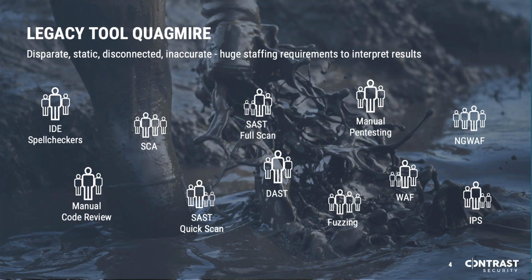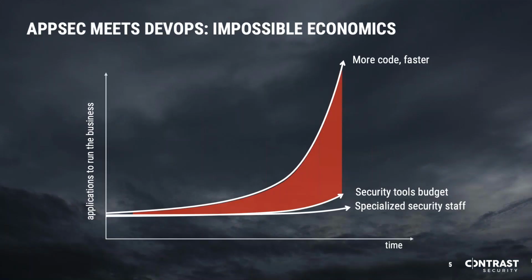So you have this logistical, disconnected solution that requires an awful lot of effort, an awful lot of staffing to man. And in the end, it doesn't really add as much value as the cost would seem to justify.